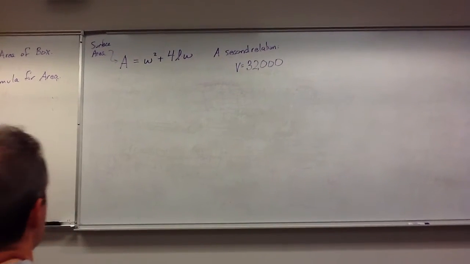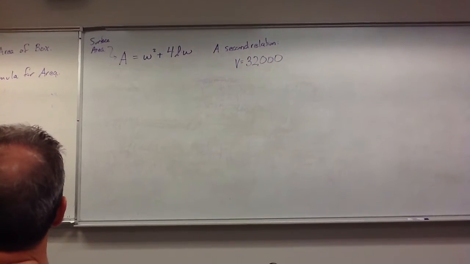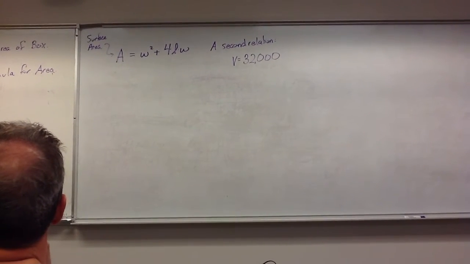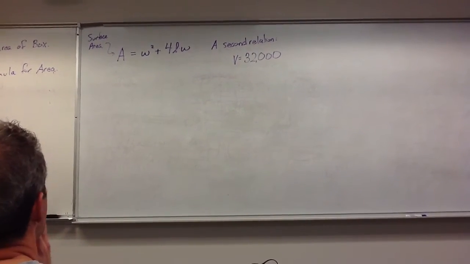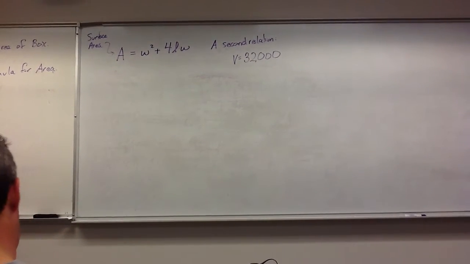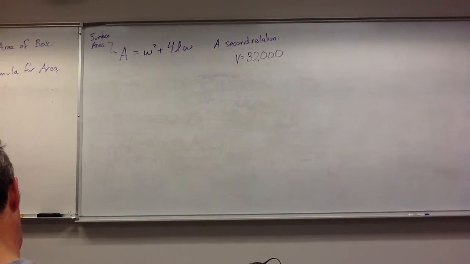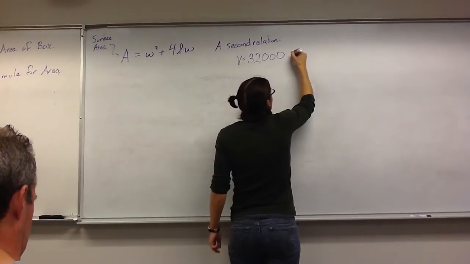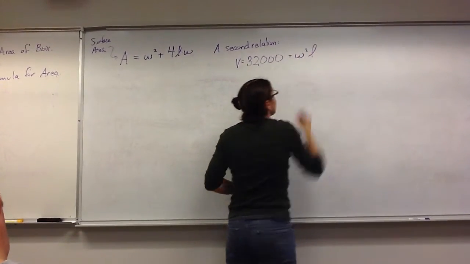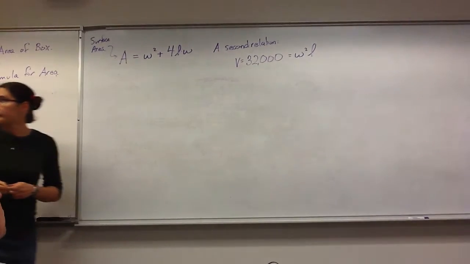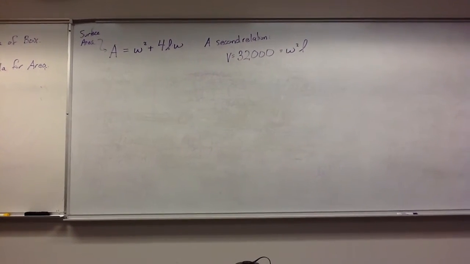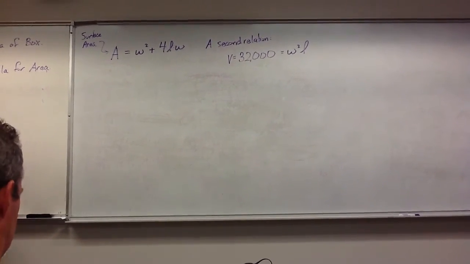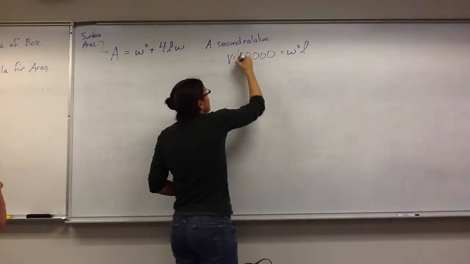And if I want to know the volume of a box, what do I need to know? Yeah, the volume of a box is length times width times height, which in this case is W squared times L. So 32,000 is W squared times L. Okay, so this is our second relation.